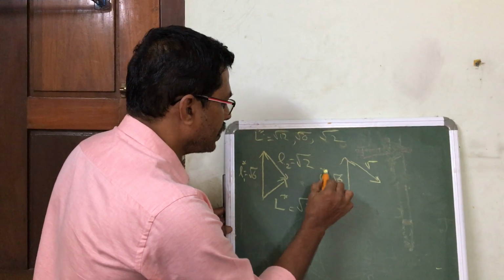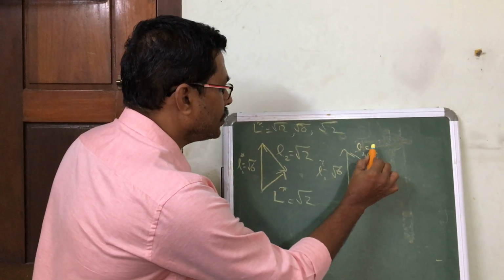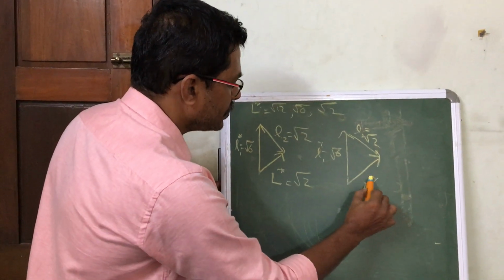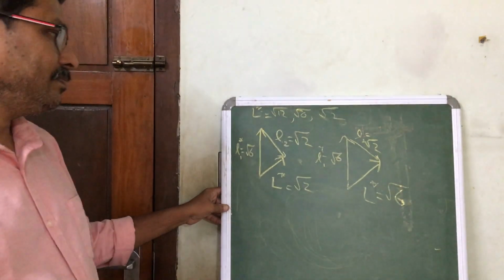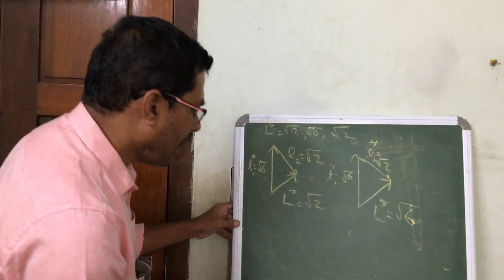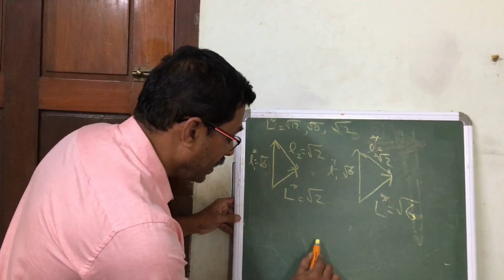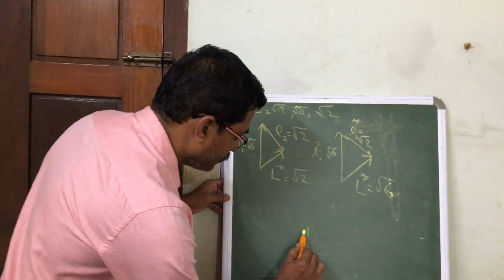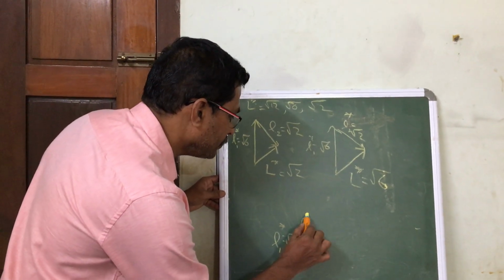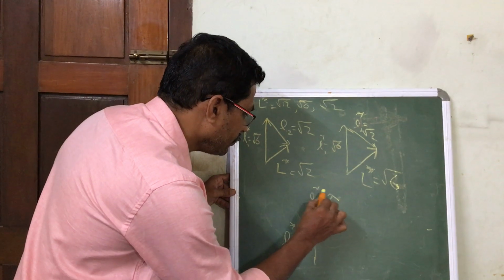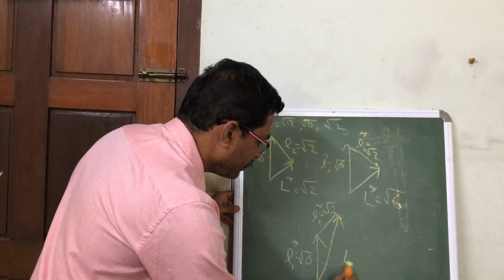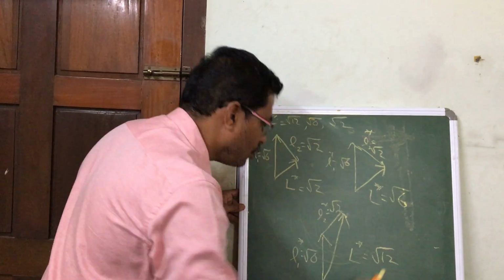That means your L1 star, this is L2 star equal to root 2, and this is L star equal to root 6. And the third way, this is L1 star, which is root 6, L2 star equal to root 2, and this is capital L star, which is equal to root 12.